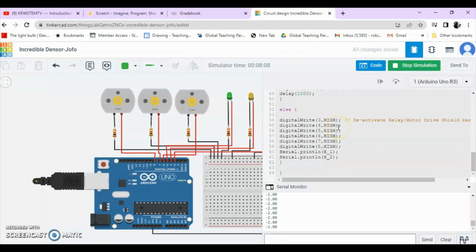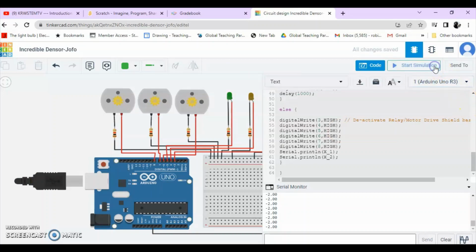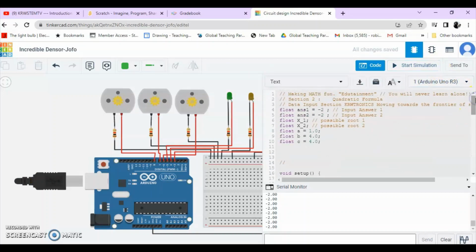Else, if the student computed the wrong answer, then just to show that the circuit is working, I'm going to allow all the lights to just stay on without blinking. So for example, if I stop the simulation here and go all the way back up, say the student forgot to put the negative value here, forgot to put the negative value here.